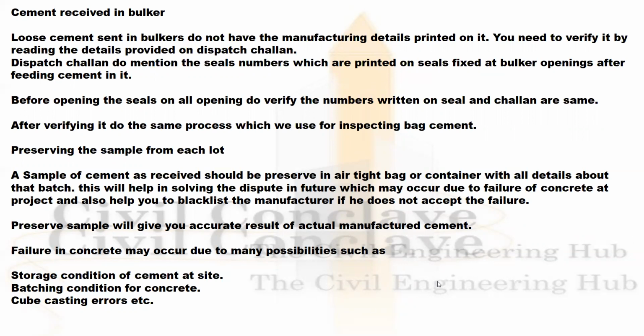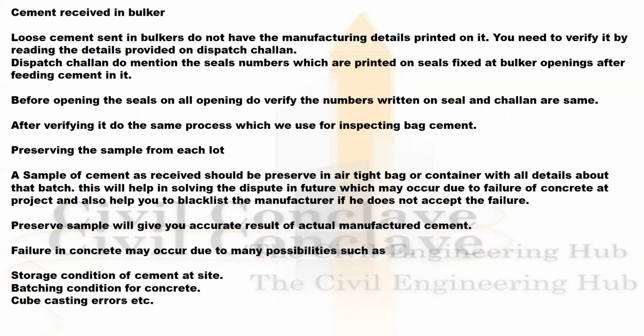Preserving sample from each lot. It is advisable to preserve a sample of every bulker so that whenever a concreting failure has happened, you can verify back and check with your manufacturer, and you can run laboratory tests to find out whether the cement is good or not.